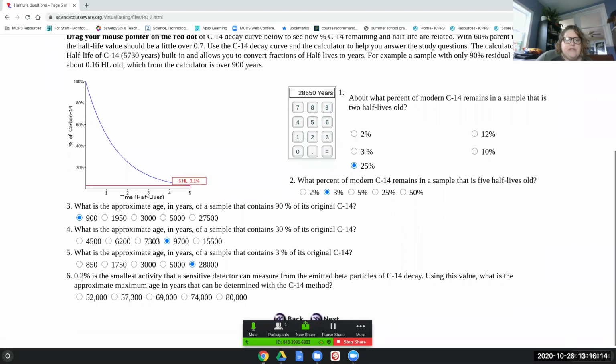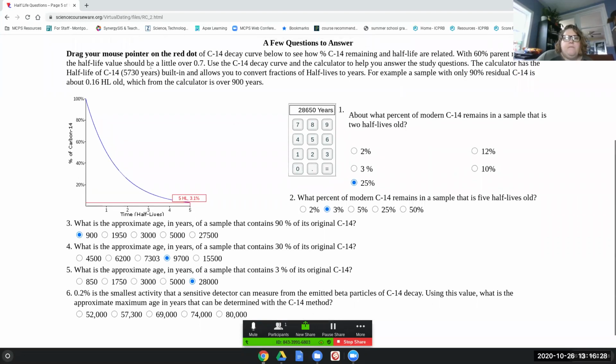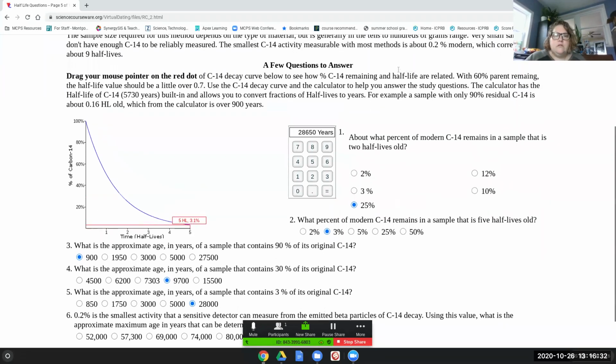And then it says 0.2% is the smallest activity that a sensitive detector can measure. Using this value, what is the approximate age in years that can be determined with the C14 method? Well, it told us up here that, where was it?